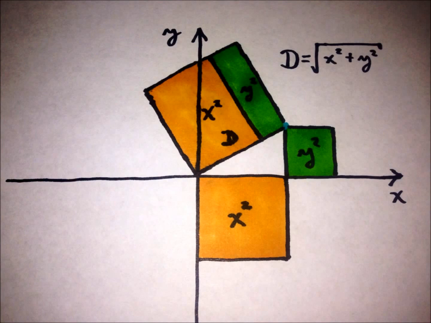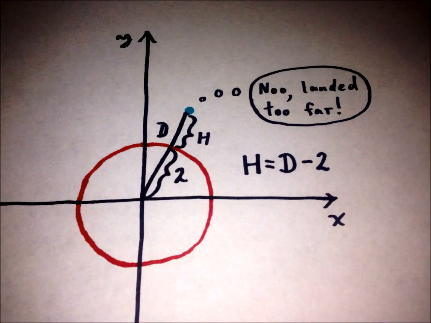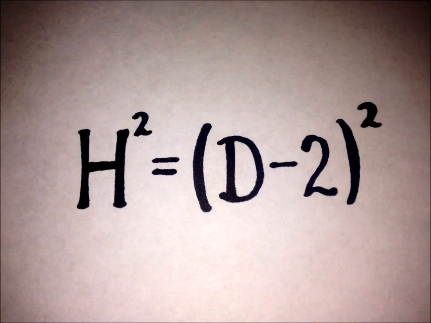If d is less than 2, then the point has landed inside the circle, and its best bet is to move straight away from the origin, traveling a distance of 2 minus d to arrive at its destination. If d is greater than 2, then the point has landed outside the circle, and it has to trek in towards the origin, a distance of d minus 2. Fortunately, the square of 2 minus d is the same as the square of d minus 2, so that gives us that h squared is (d minus 2) squared.